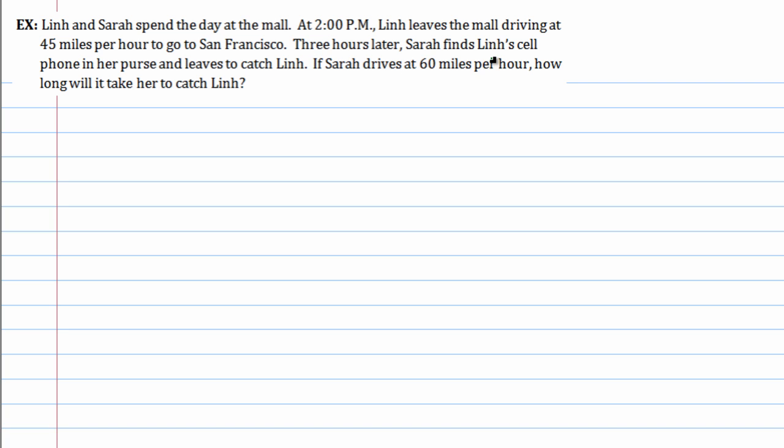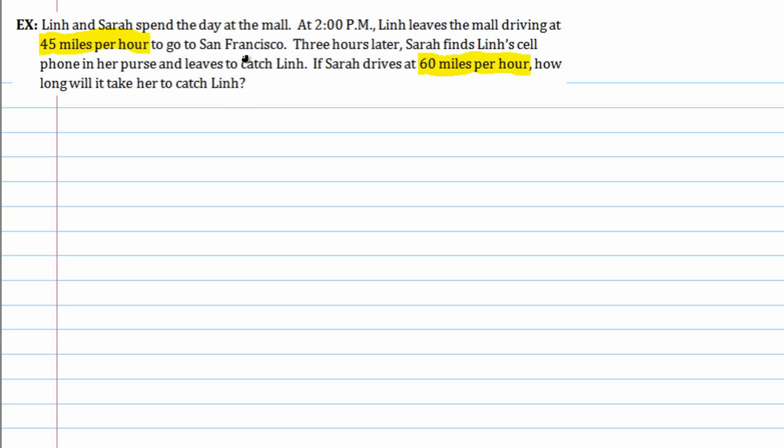So this is, like I said, not a very realistic situation, but we have a few things that indicate to us what we're going to do here. We have a couple rates. That's what these 60 miles per hour are. They're rates, 60 miles per hour here, and then we have another 45 miles per hour over here. And then the question is, how long would it take?